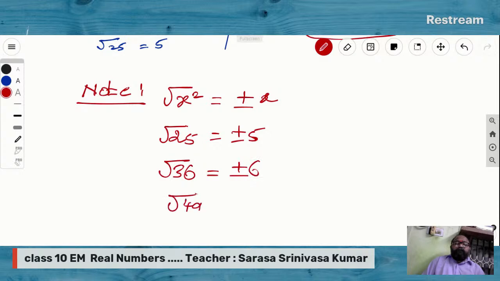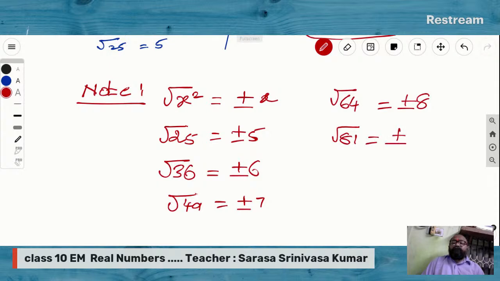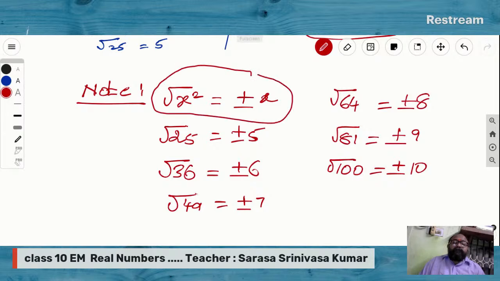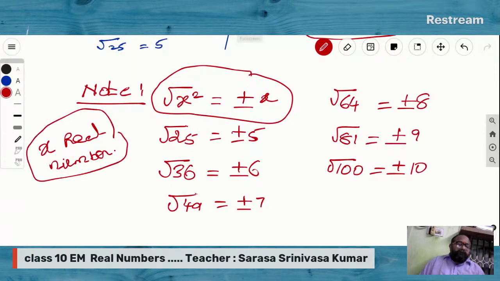Square root of 49 equal to plus or minus 7. Square root of 64 equal to plus or minus 8. Square root of 81 equal to plus or minus 9. Square root of 100 equal to plus or minus 10. We must consider plus or minus, if x is a real number.